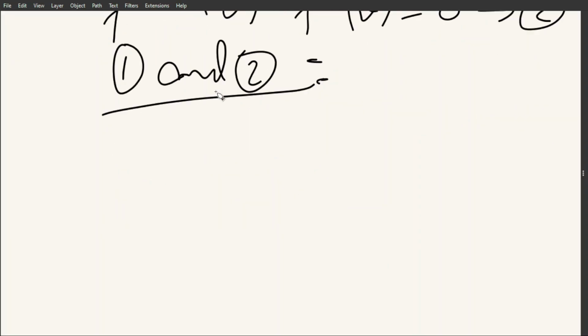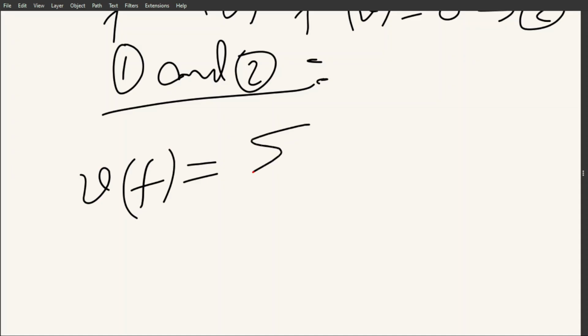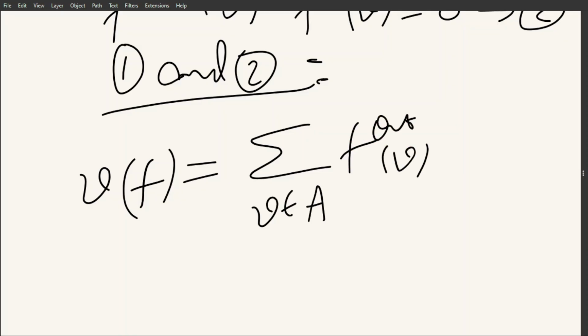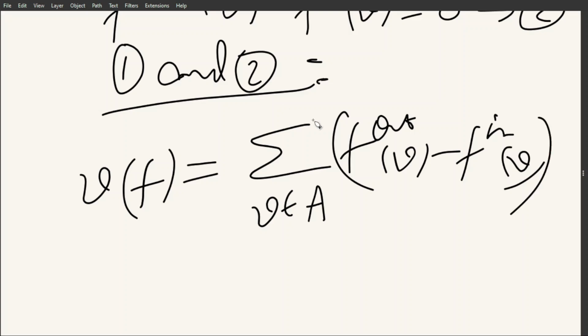Value of the flow is the sum over all V in A of F out of V minus F in of V. So we have just combined them, call this equation 3.